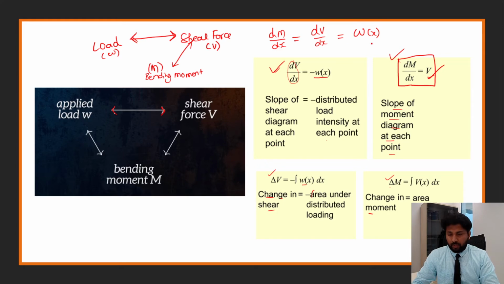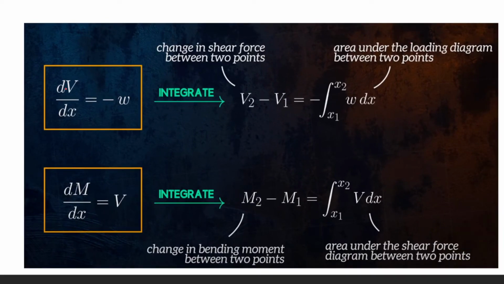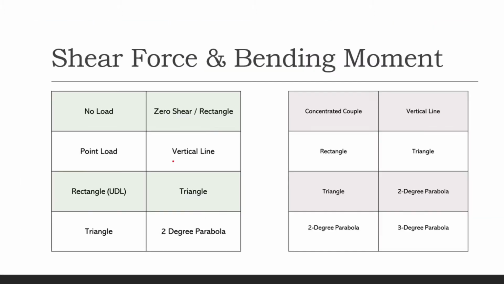So all these are related to each other. I have just discussed this with you, the area under the loading diagram and the derivatives. So that is the theoretical part of the relationship between shear force and bending moment.